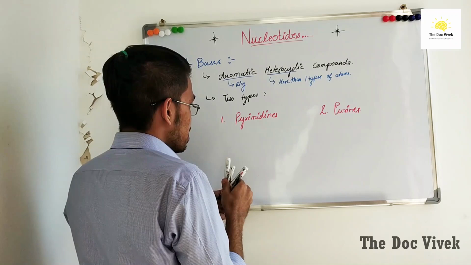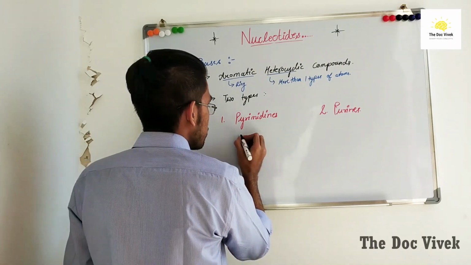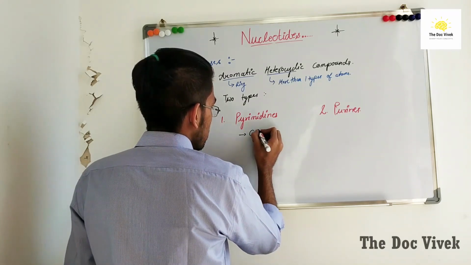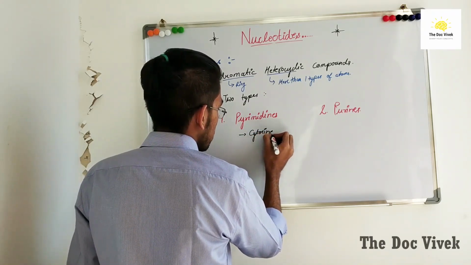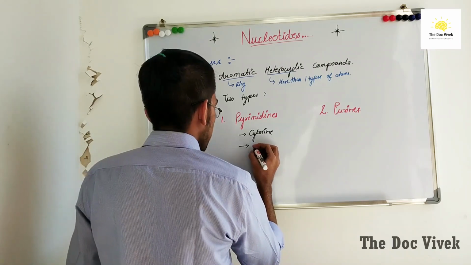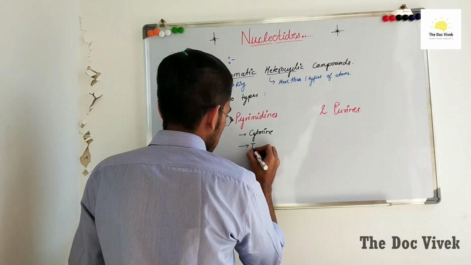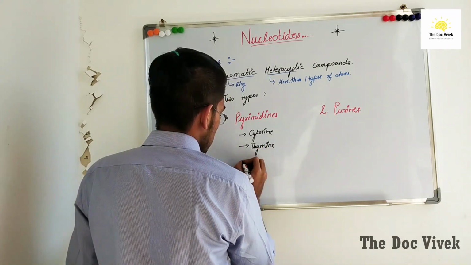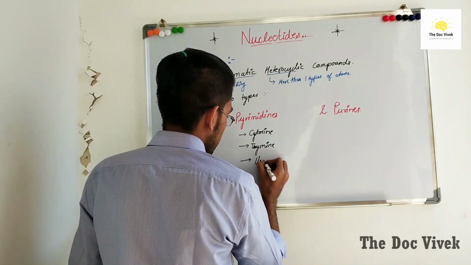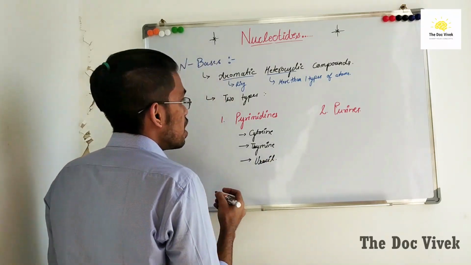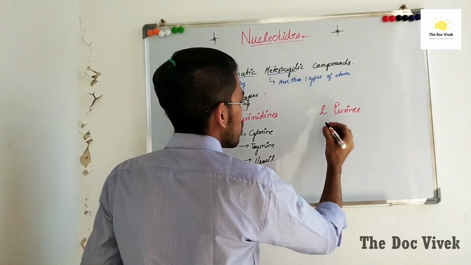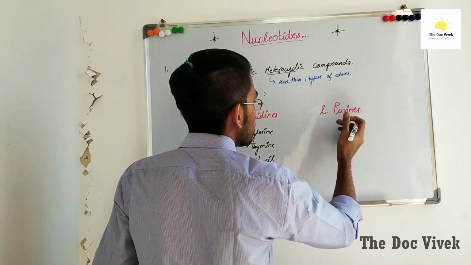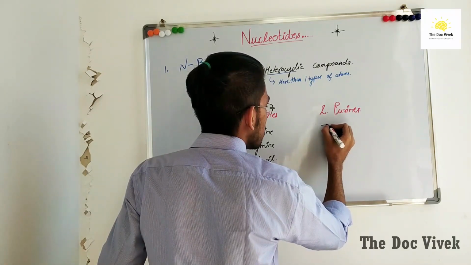There are three types of pyrimidines: cytosine, thymine, and uracil. Purines are of two types, meaning there are only two purines.